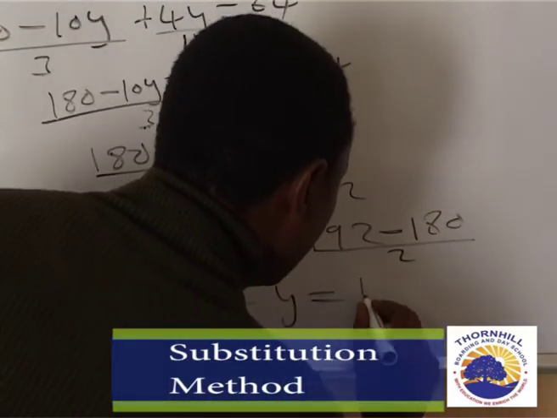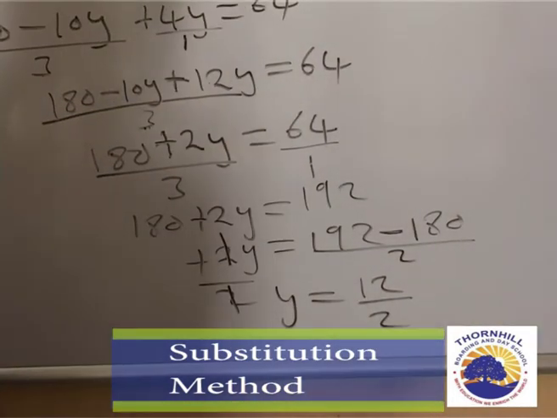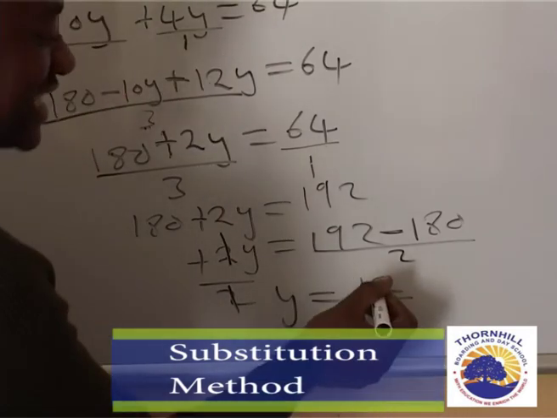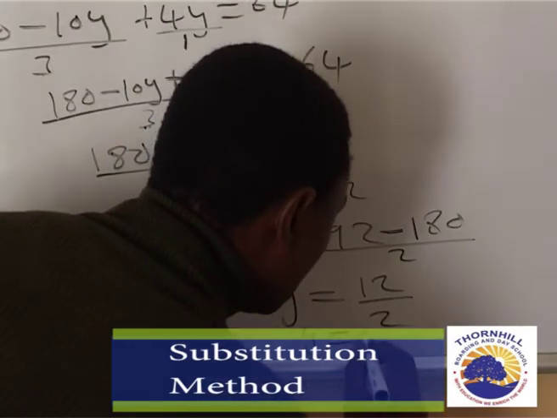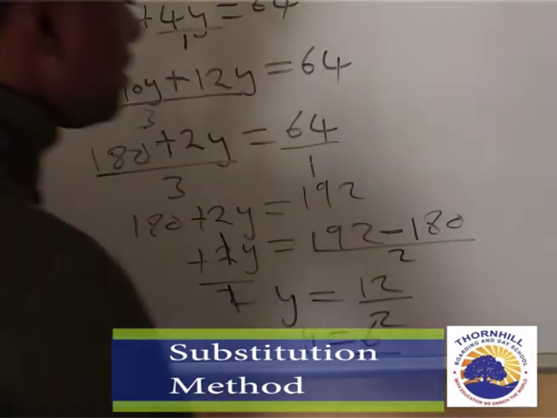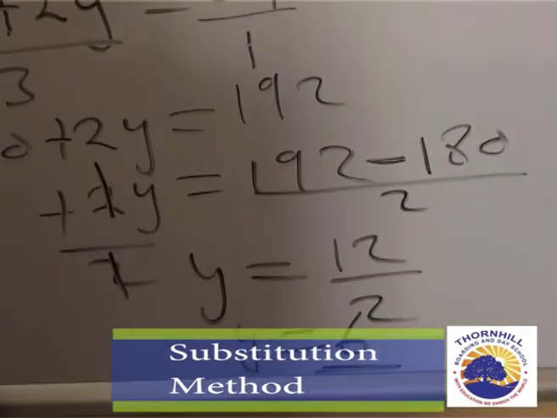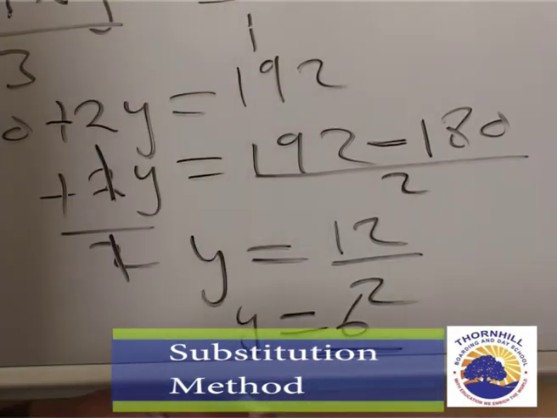Therefore, it's going to be 12 over 2, like that. Then we know that 2 goes 6 times into 12. Therefore, y is equal to 6. Just as simple as that. Meaning that we have found the value of y. y is equal to 6.